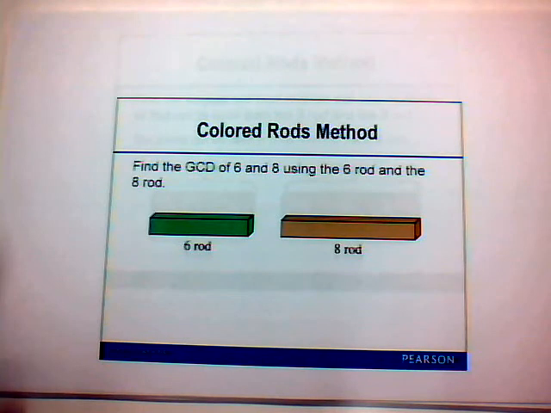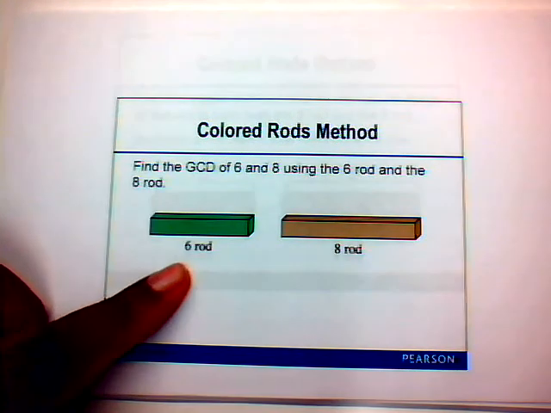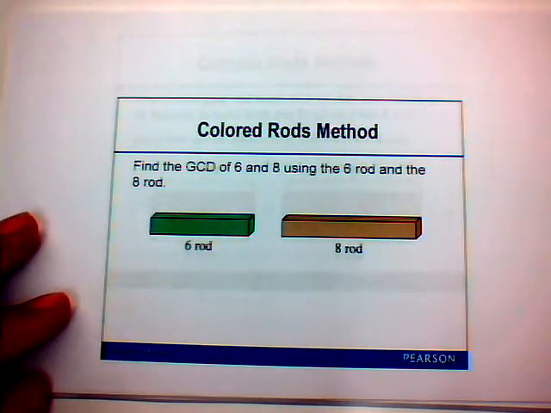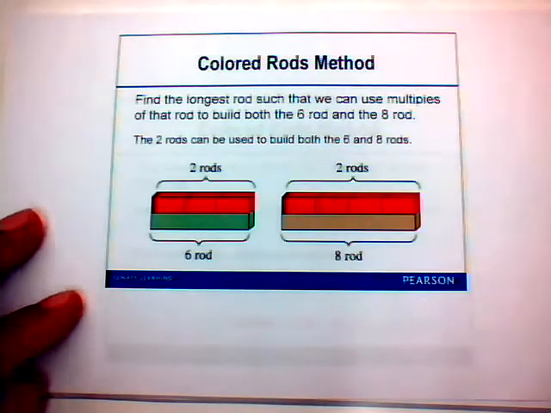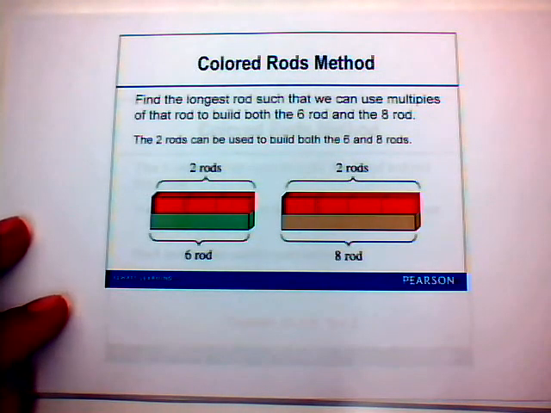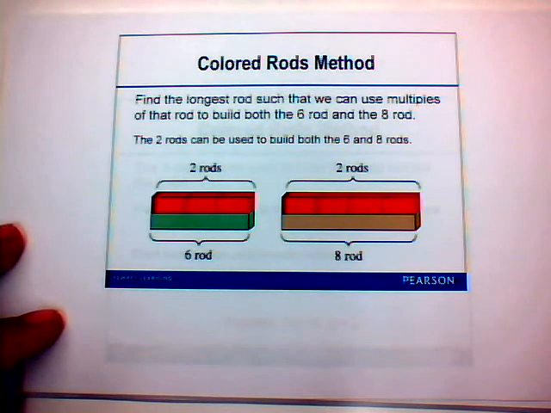One method of finding the greatest common divisor would be to use the colored rods method. In this case, you're finding the GCD of 6 and 8 using the 6 rod and the 8 rod. To do that, we find the longest rod such that we can use multiples of that rod to build the 6 rod and the 8 rod.